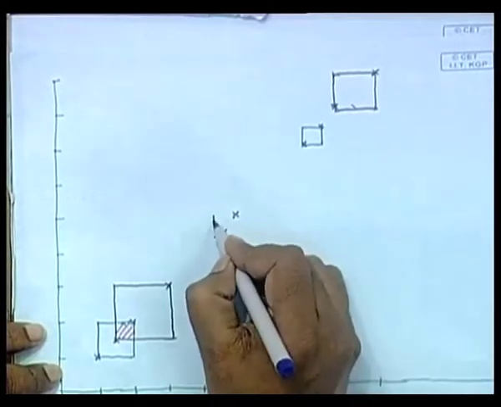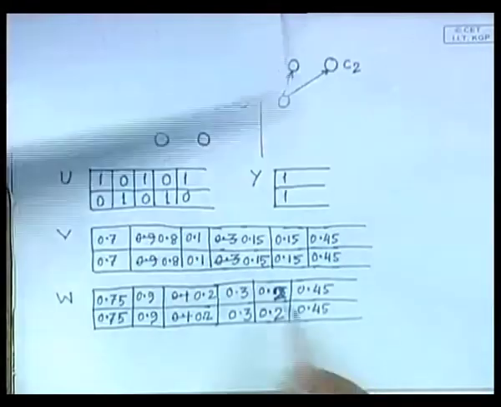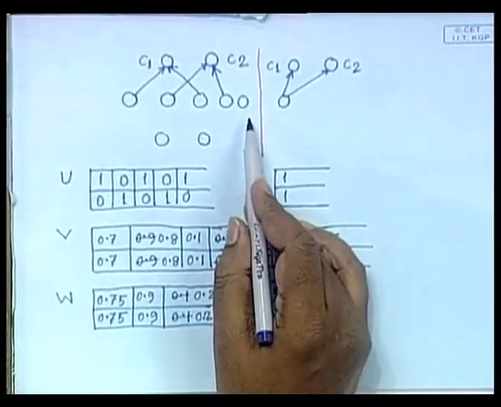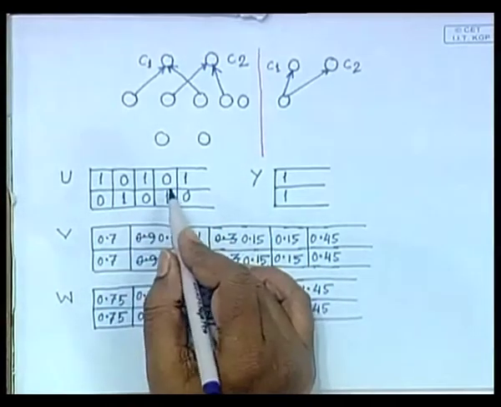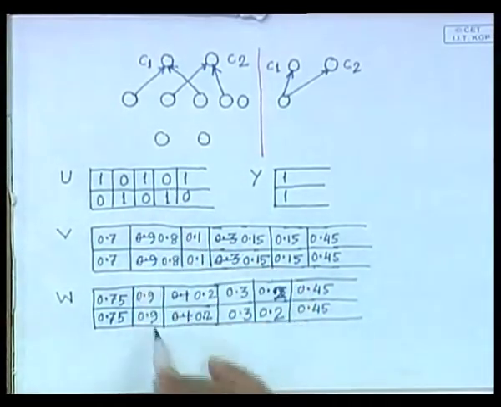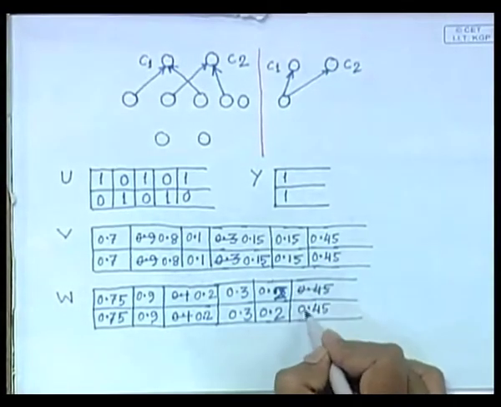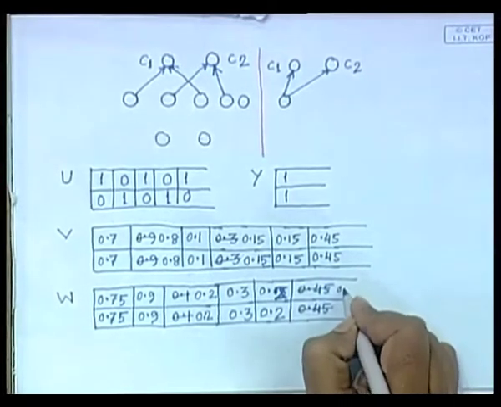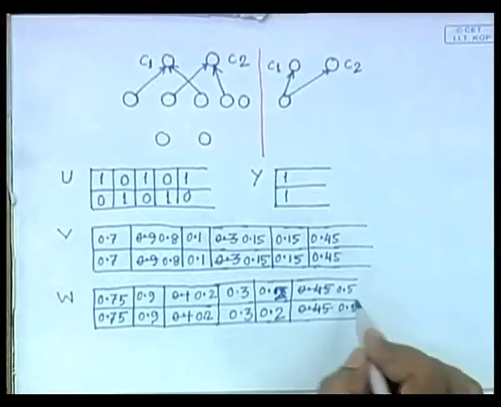So, I have this hyperbox, and I do not have to add any node because the node is already added. Accordingly, I will not have any modification in the U matrix, but the V and W matrices will be changed, where the min point remains the same, but the max point now becomes 0.5 and 0.5.